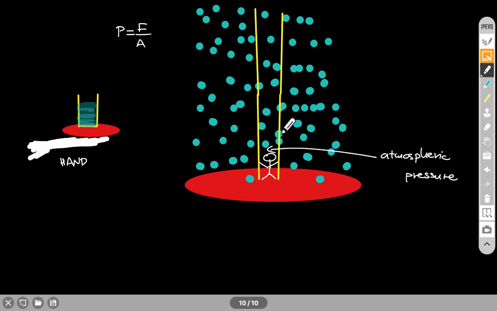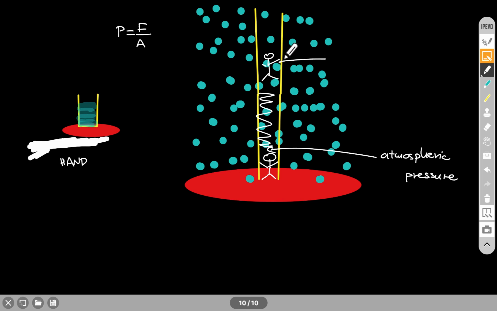Now, having said that, you can think that if you take the person and move them higher in the atmosphere, then they don't need to support all of this weight anymore because they're higher.